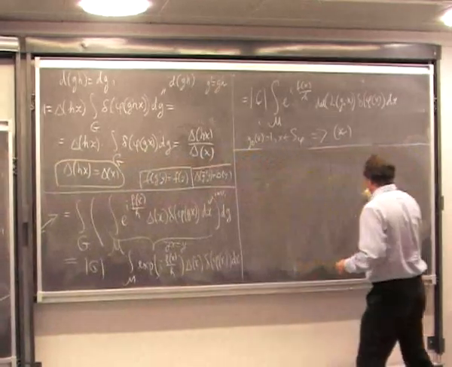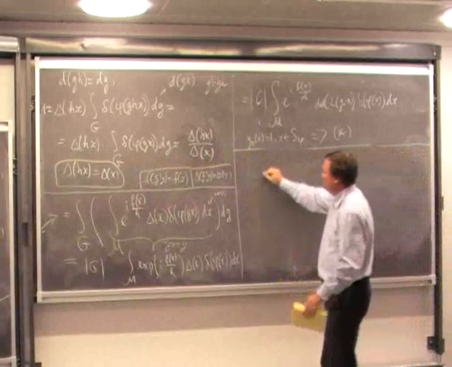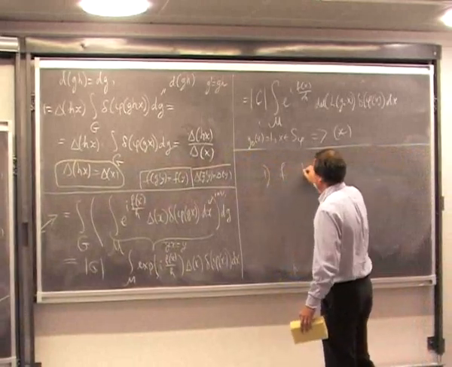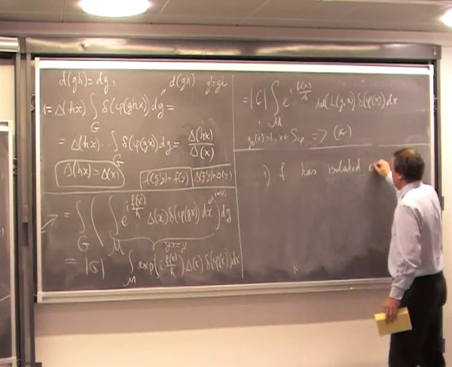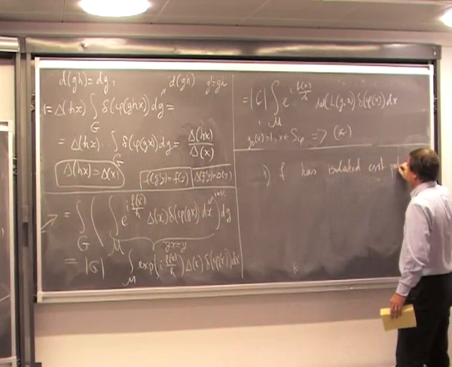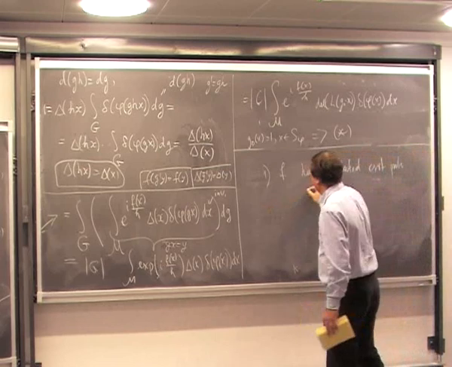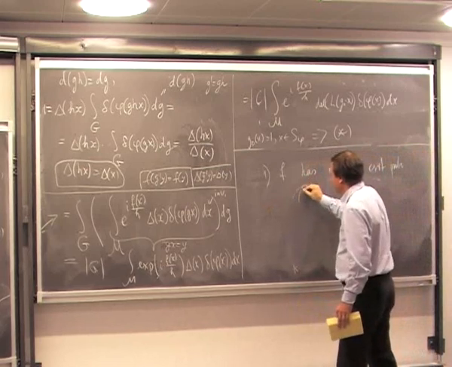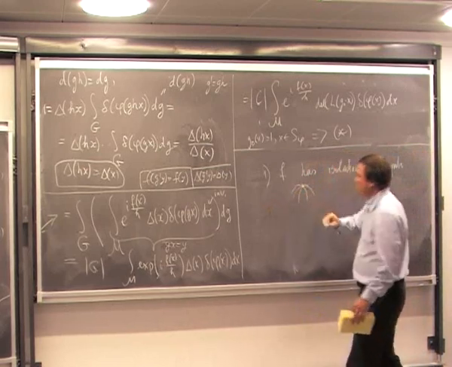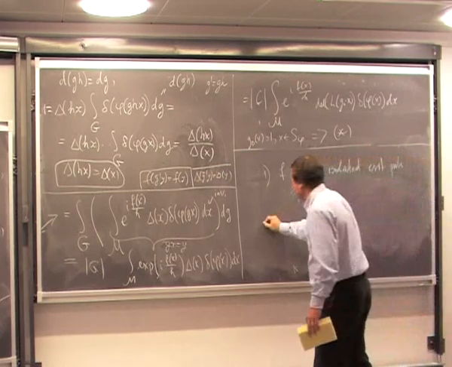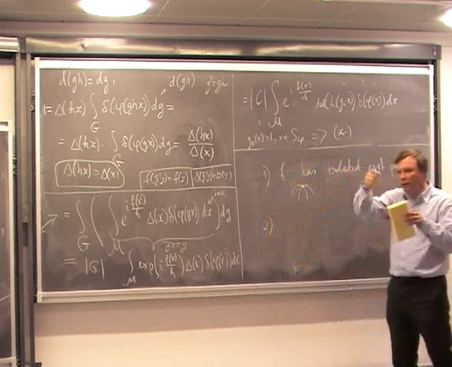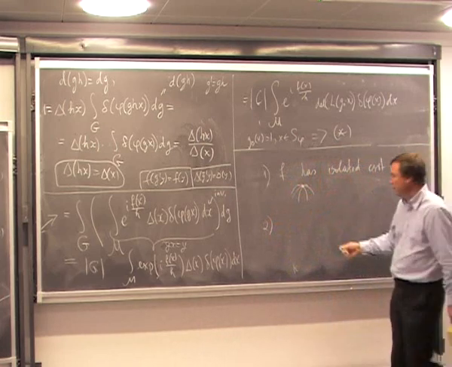First, what we did yesterday is when f has isolated critical points. So in all directions at this critical point, the function looks like a paraboloid, well, something like this. So in every direction it's a parabola.